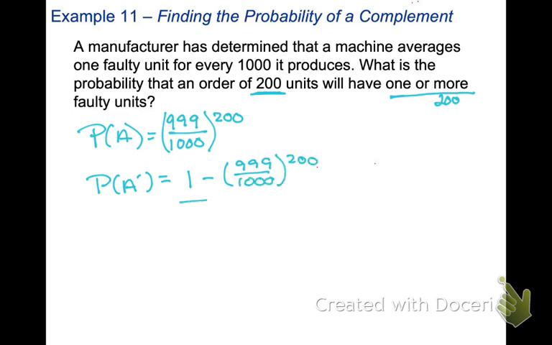You're going to put this in your calculator all at one time: 1 minus parenthesis 999 divided by 1,000 parenthesis caret 200. I get approximately 0.1814. Is that what you guys get?